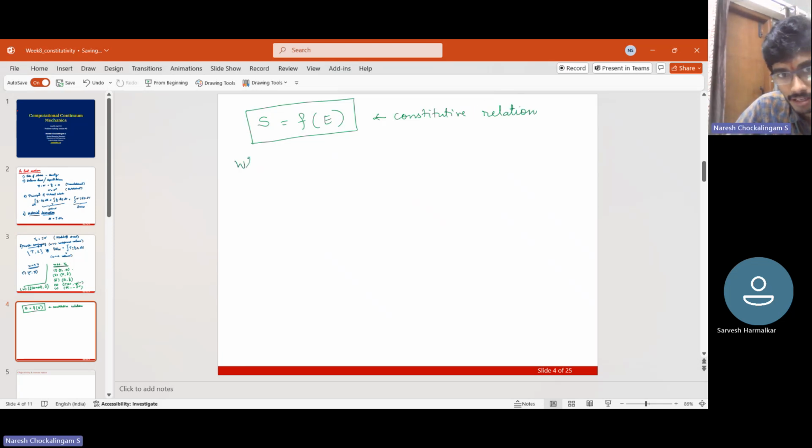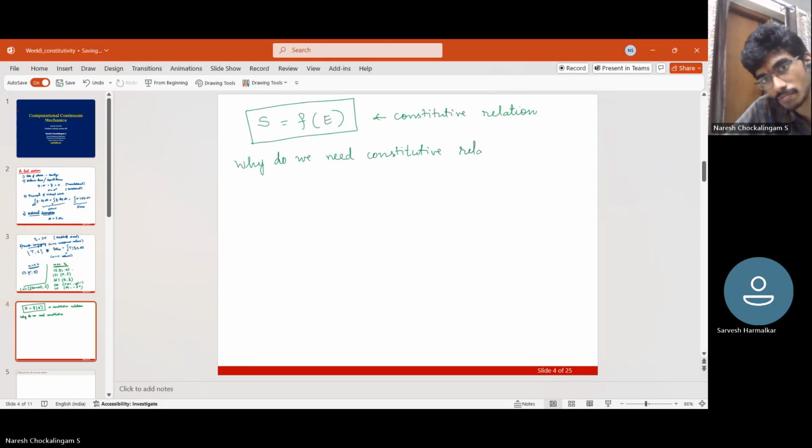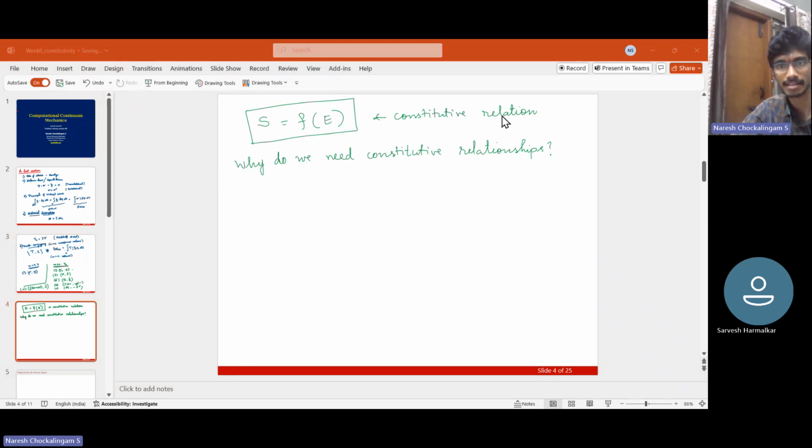And why do we need constitutive relations? The constitutive relationship essentially gives closure. It gives the closure conditions.